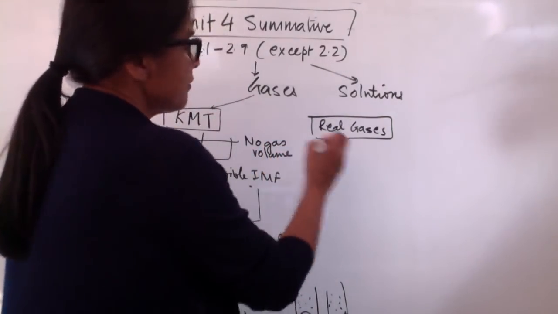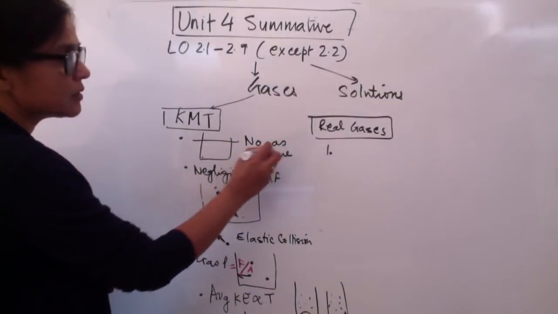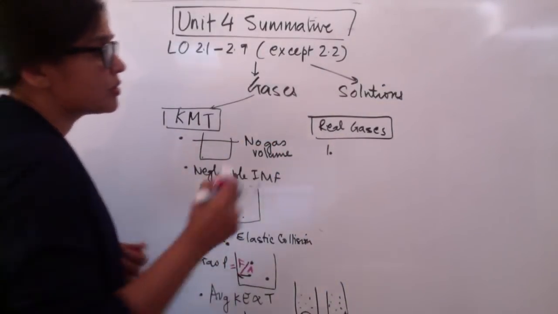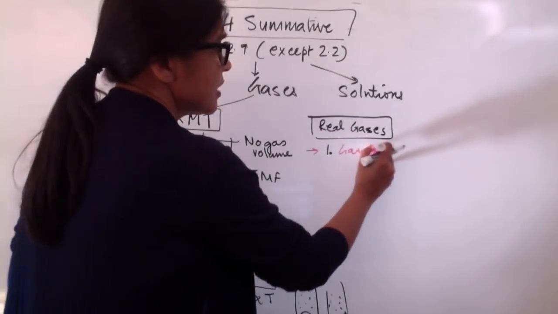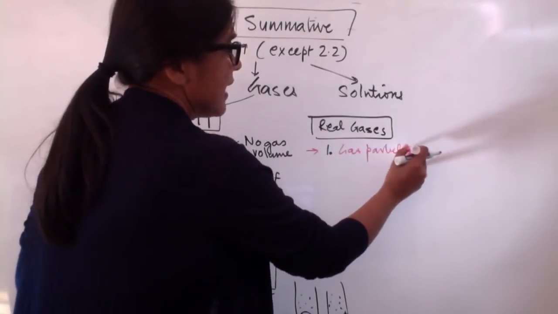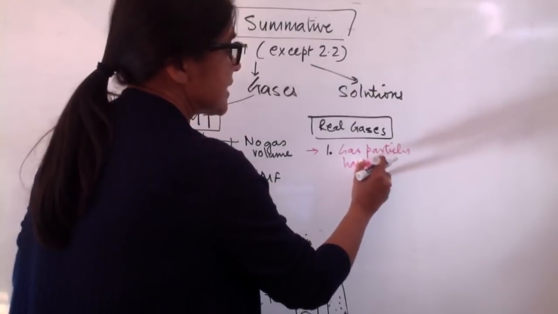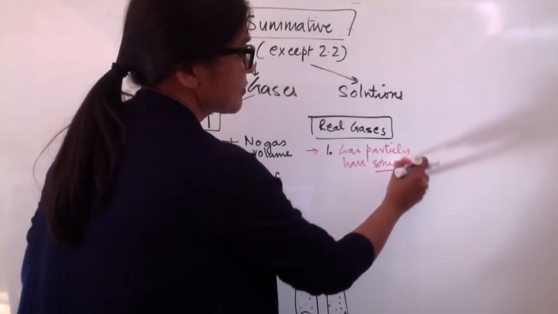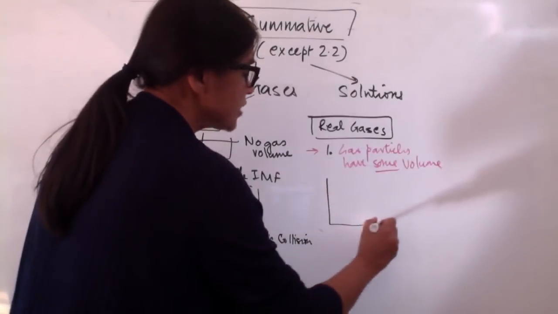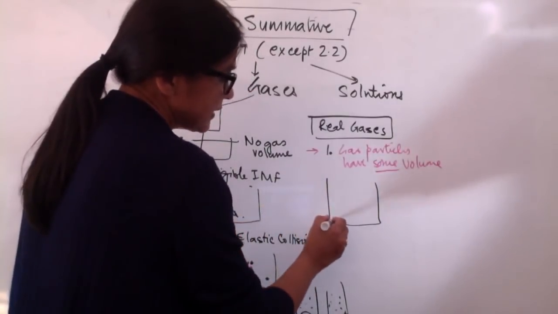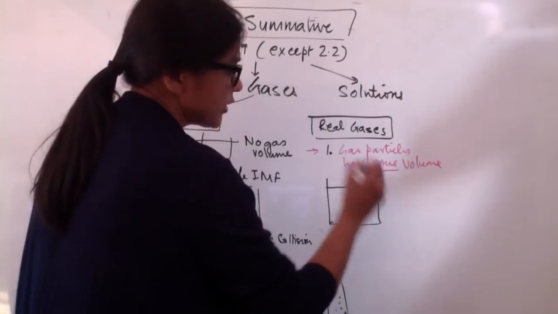Number one, we have assumed that gas particle volume is negligible. But in reality, the gas particles have some volume. Think of it like this. We had assumed in our initial model that gas particles have negligible volume, right?